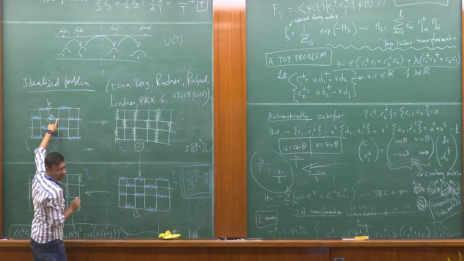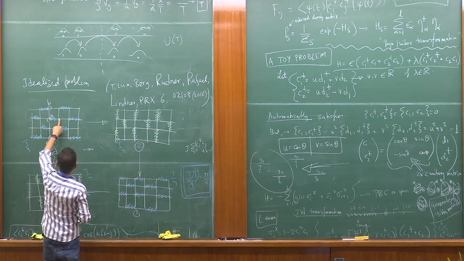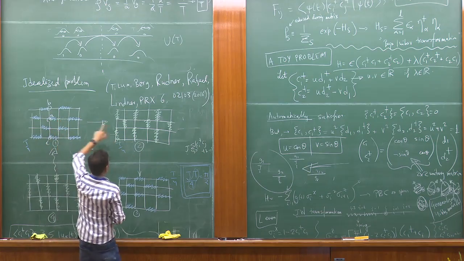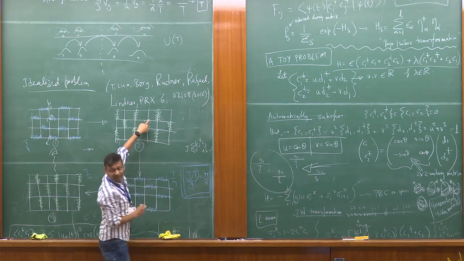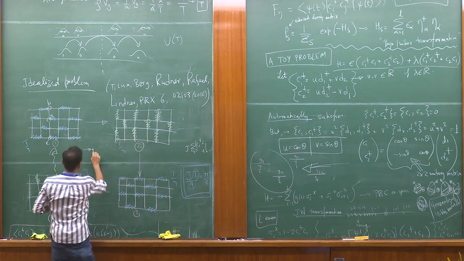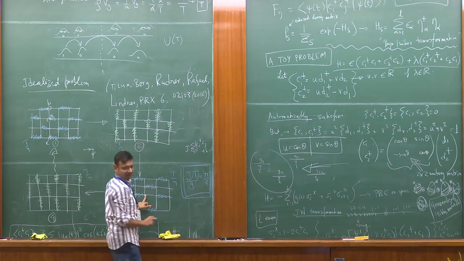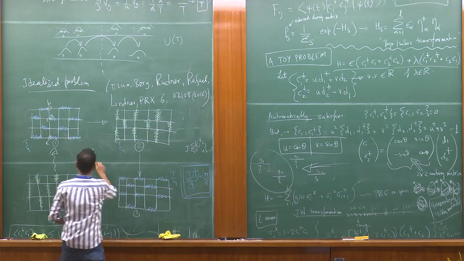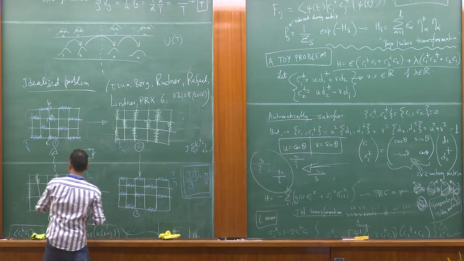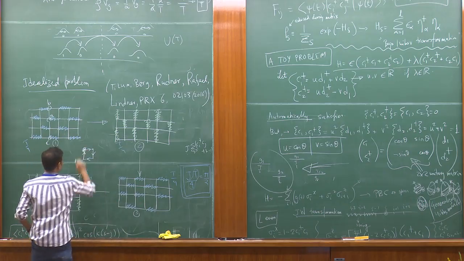Right? All of you agree? Well, you have to show that this happens with unit probability, but you can show that. Then this guy moves here. But there is a wavy line here. So again, with unit probability, it'll go here. Then this guy moves here. With unit probability, it'll again go here. Then this guy moves up. So with unit probability, it'll just come back to its starting position.